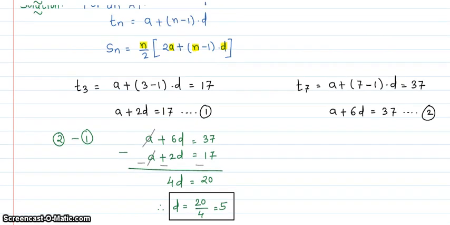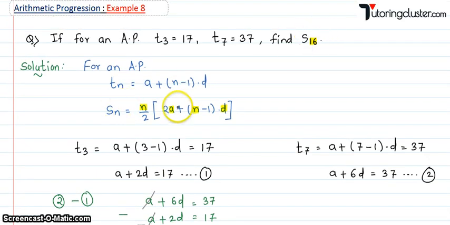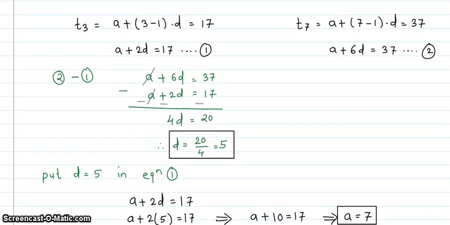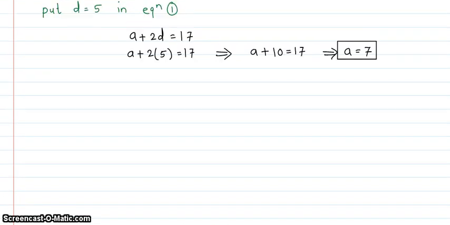Now how can we find S16? Just use this formula. See now, a we have found out, d we have found out. What is the value of n? n is 16. Okay, so let us put the values in the formula of Sn. What is our Sn?